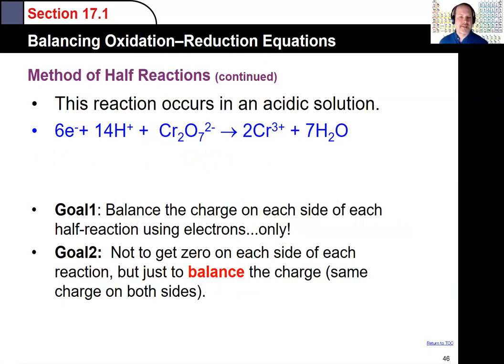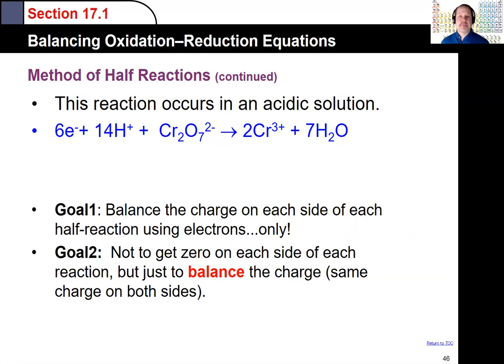Why is that? Well, you can see if I had just the 14 hydrogens and the -2 from the dichromate, that would give me a 12 plus on the left-hand side, the reactant side. And it is 6 plus on the right-hand side.